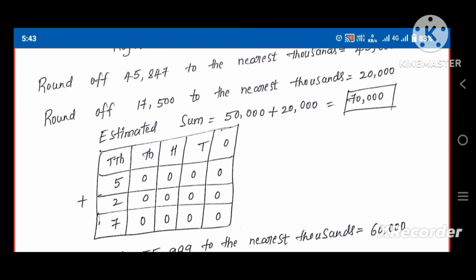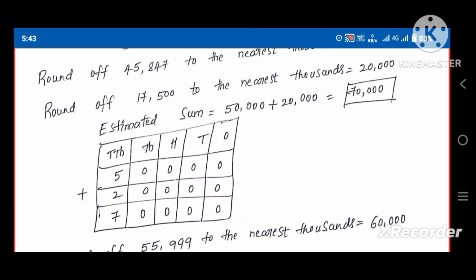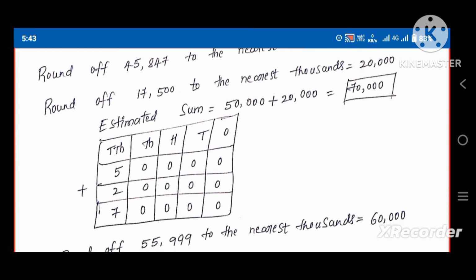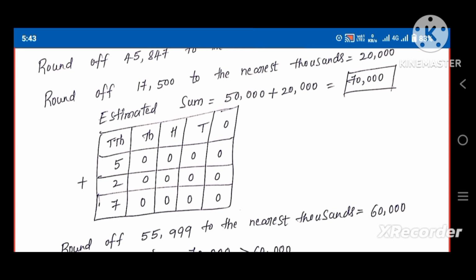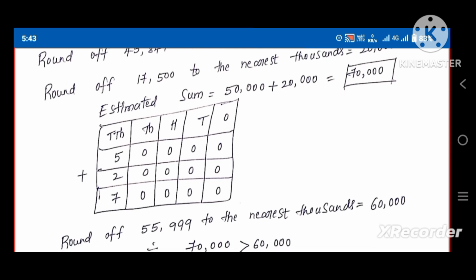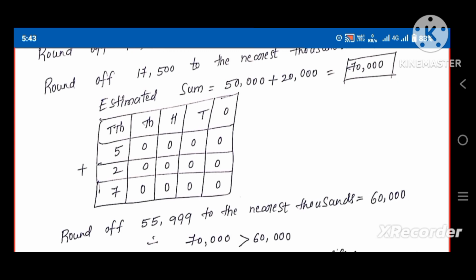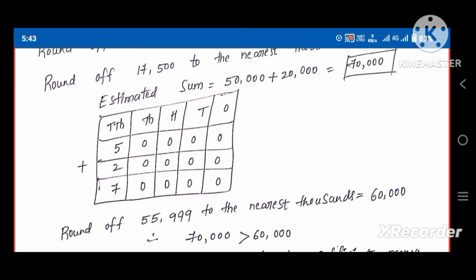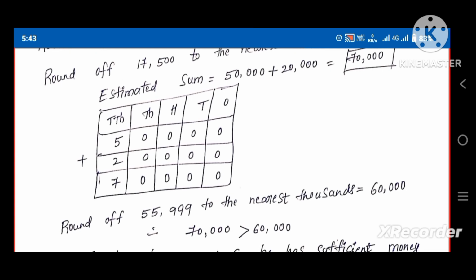Round off 17,500 to the nearest thousands is equal to 20,000. Estimated sum is equal to 50,000 plus 20,000 is equal to 70,000. Round off 55,999 to the nearest thousands is equal to 60,000. Therefore, 70,000 is greater than 60,000.